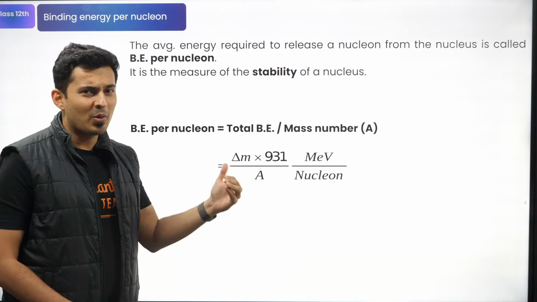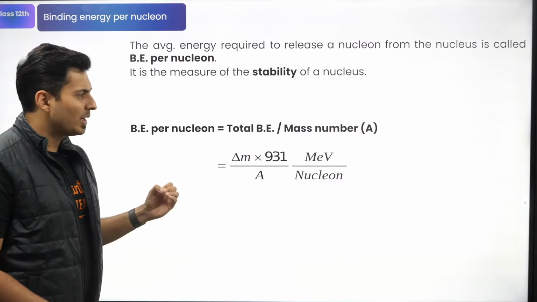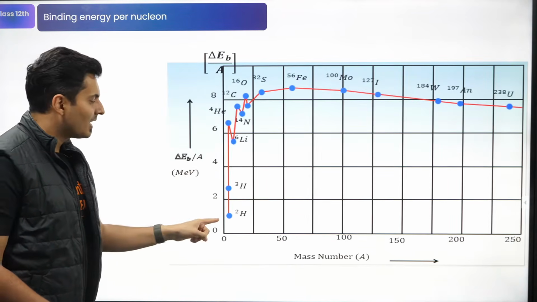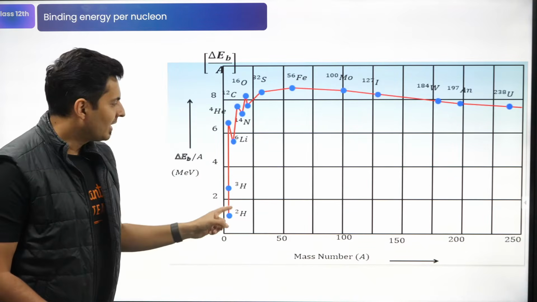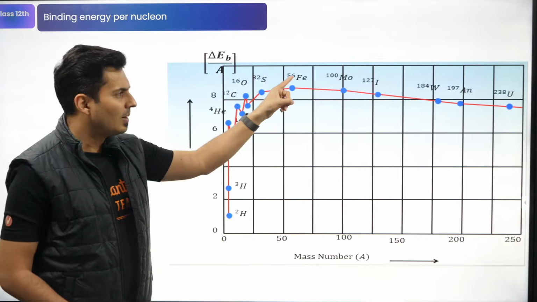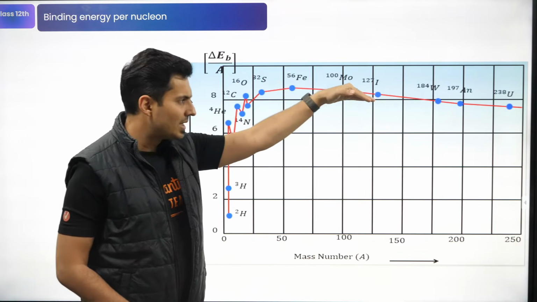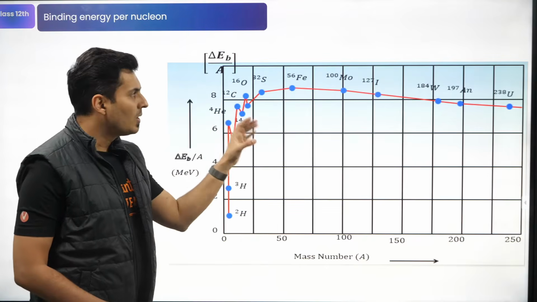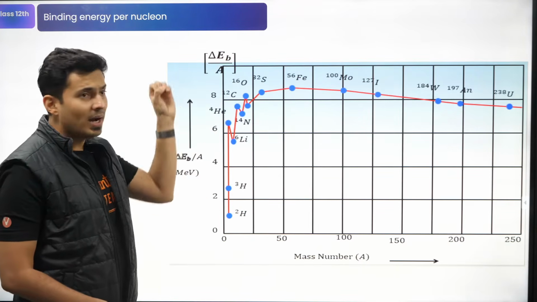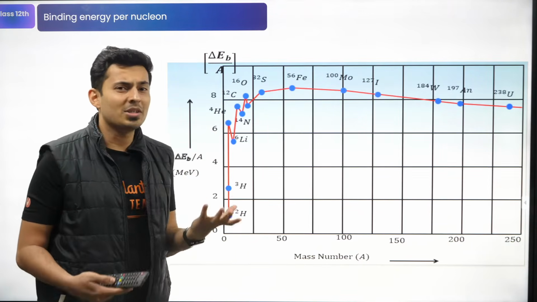So scientists have plotted this binding energy per nucleon for different elements, right from hydrogen to the last element in the periodic table. And guess what? The graph goes up, shoots up, and then almost stabilizes but slightly lowers for higher elements. This graph clearly tells you that these elements have high binding energy per nucleon as they are more stable.